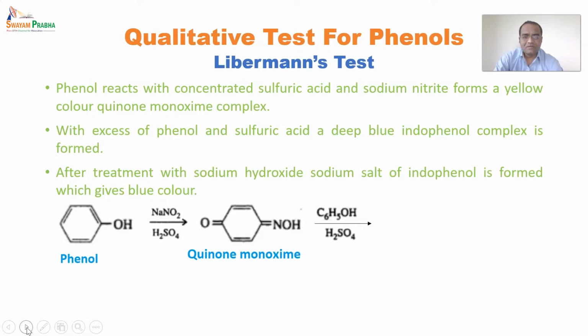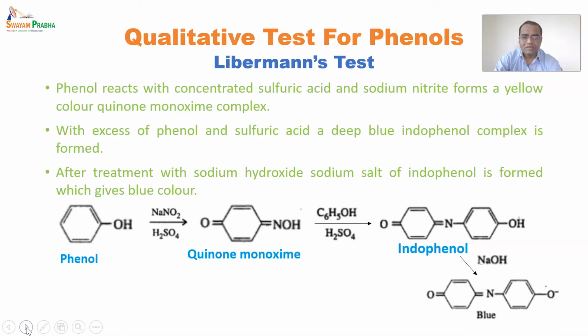When excess sulfuric acid is added along with an alcohol, the alcohol acts just as a solvent here, and it forms indophenol. When this indophenol is treated with sodium hydroxide, it gives a blue colored complex, and from this blue color the compound can be identified.